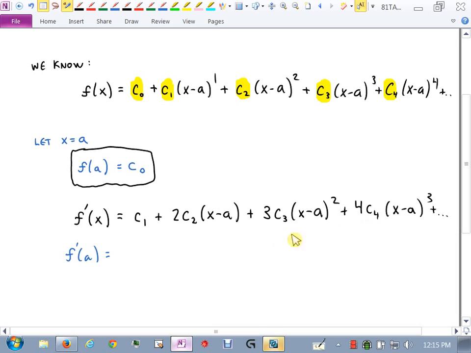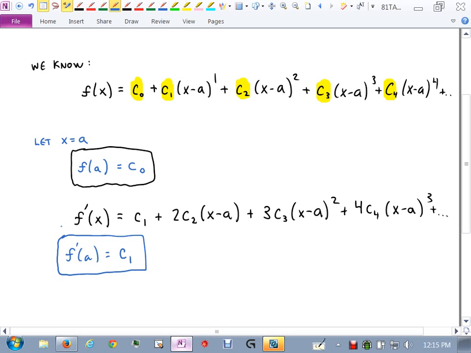So the only thing left is what? C sub 1. I just gave you a formula for c sub 1. It's the derivative of the function at a. What was c sub 0? The function at a. What's c sub 1? The derivative of the function at a.